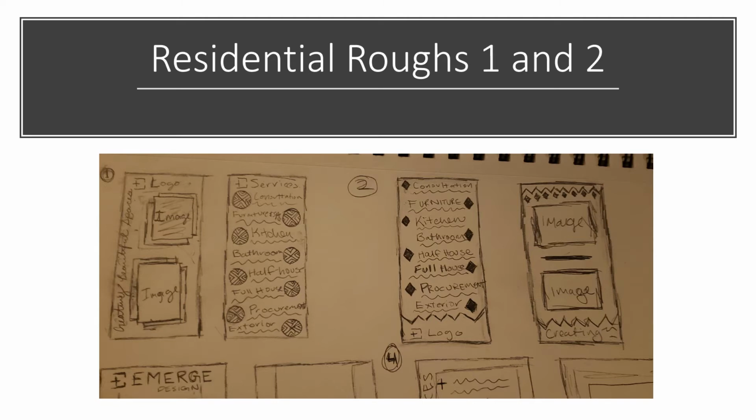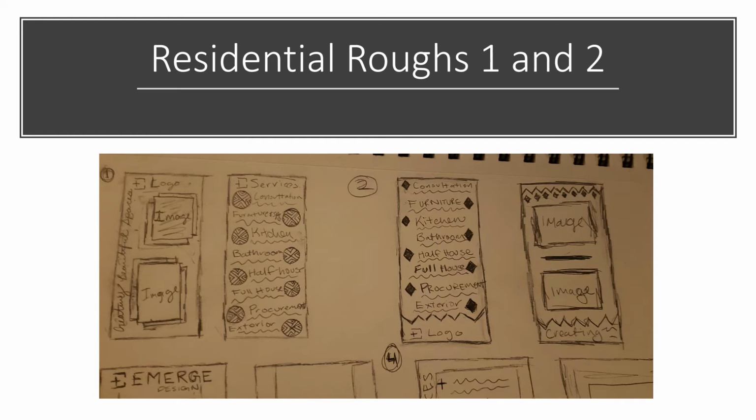This can be pretty clearly seen in my first set of roughs and comprehensives for the residential insert. There's really not very much cohesion in the designs. I really struggled with the ideation process on these two.